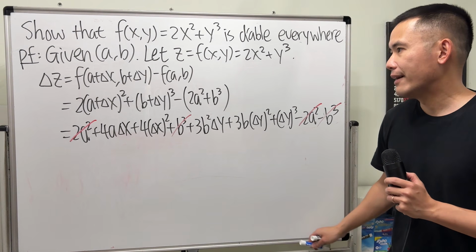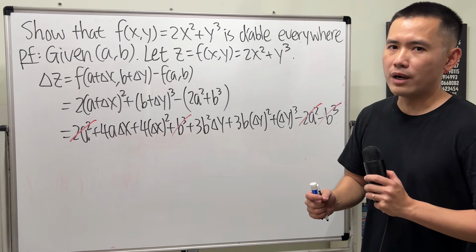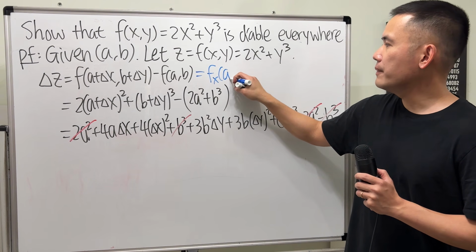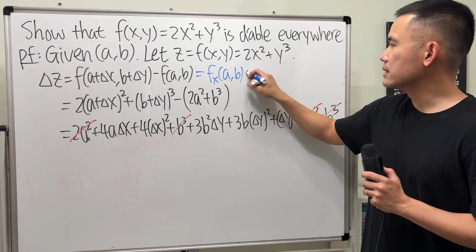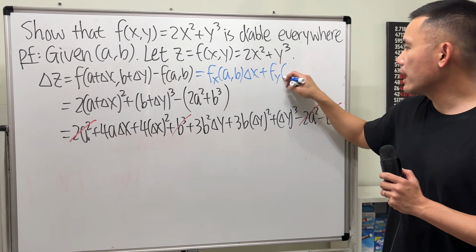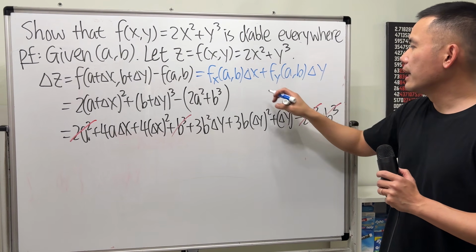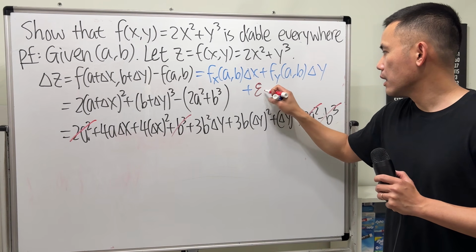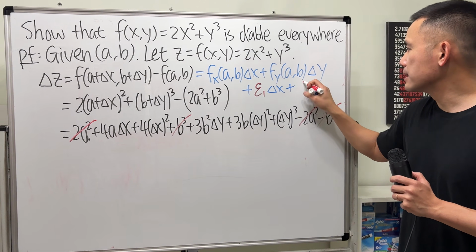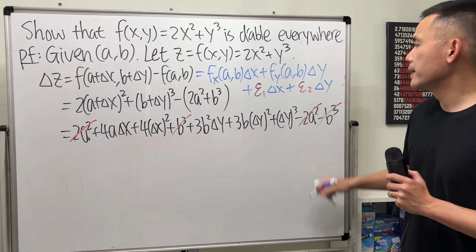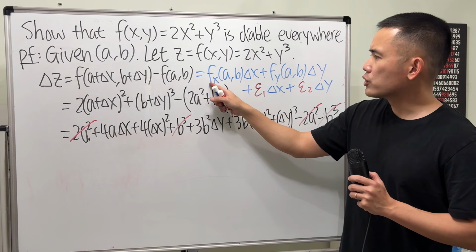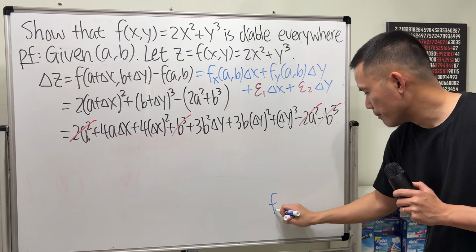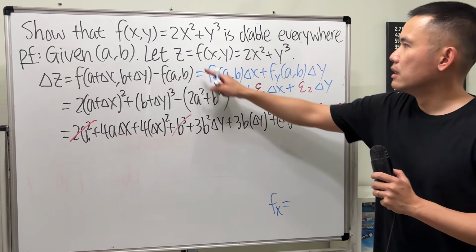Now, remember, we will have to put delta z into the form that we want, which is what? We want the partial with respect to x at (a, b) times delta x plus partial with respect to y at (a, b) times delta y, and then we need to add epsilon 1 times delta x plus epsilon 2 times delta y. So let's figure out what the partial of f with respect to x and with respect to y are. Partial of f with respect to x will be just 4x.